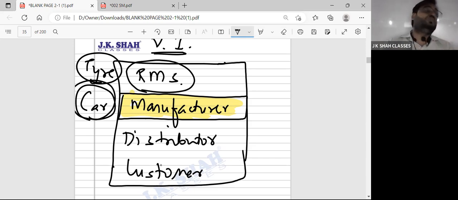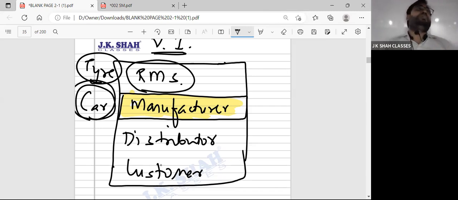So now what do you do? You decide to set up a factory wherein you will start making your own tires. So this is vertical integration. When a manufacturer starts doing the business of raw material, tries to become the supplier of his own raw material, this is called as vertical integration. What is it called? Vertical integration.